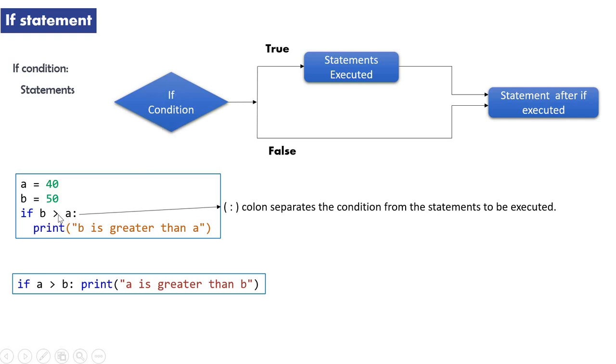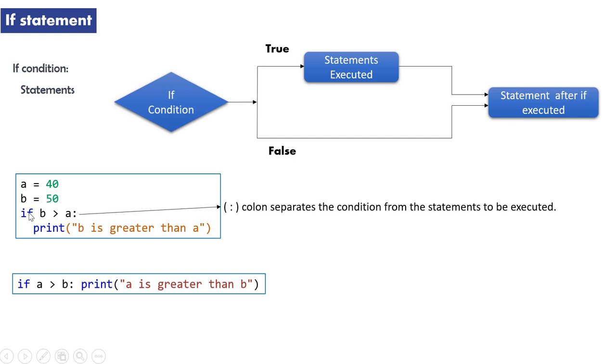This is a part of the condition, and if this is true, then the statement will be executed. I have given the statement print b is greater than a. So this statement will be executed. And if this condition is false, nothing will happen. And in case you have given something else outside of this if condition, that statement will be executed.